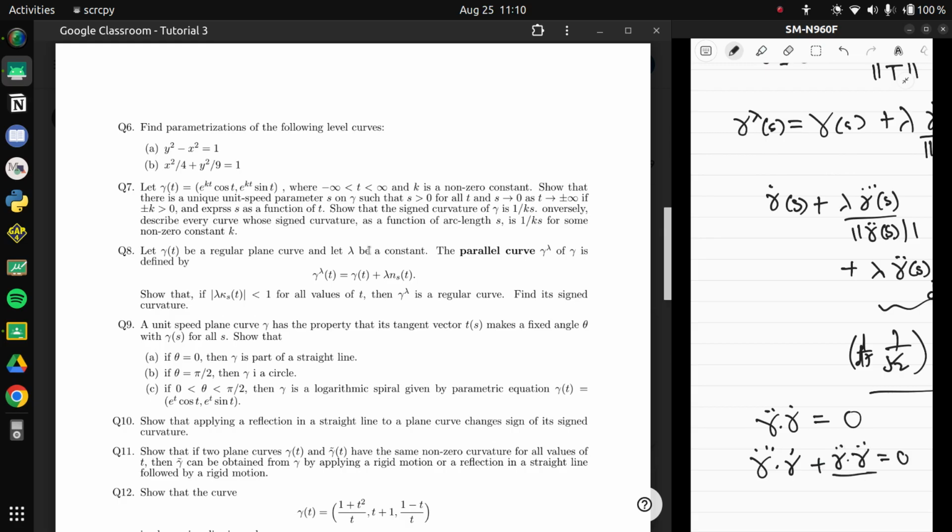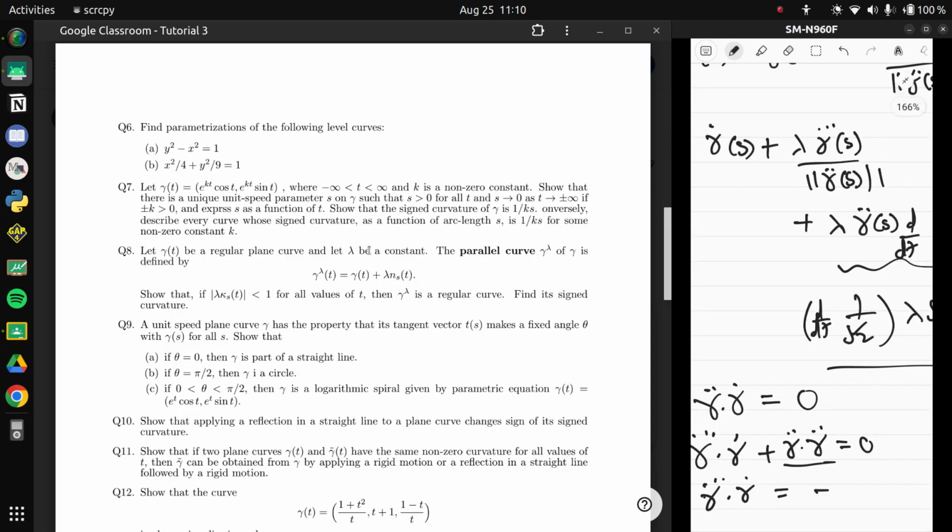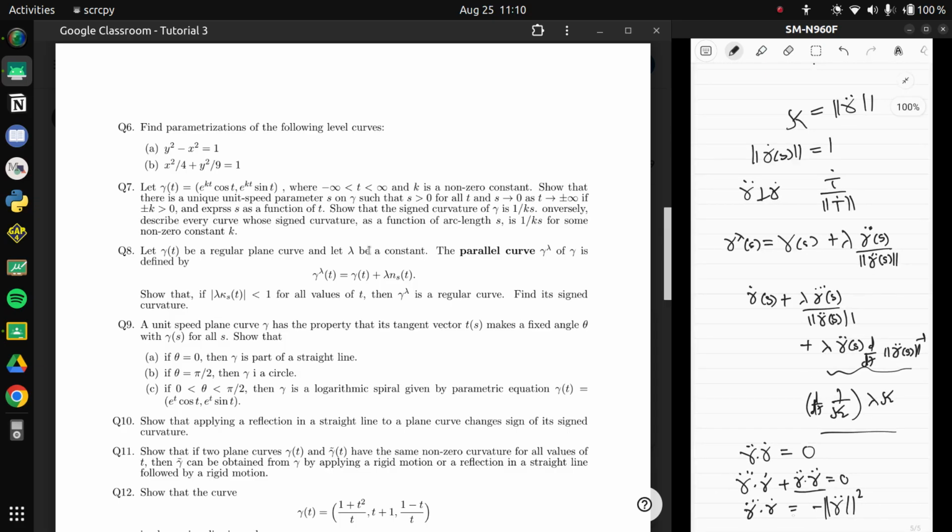So gamma triple dot dot gamma dot is actually equal to negative of gamma double dot squared, which is very nice because we know this is a unit vector, right? Okay, I see what's going on.